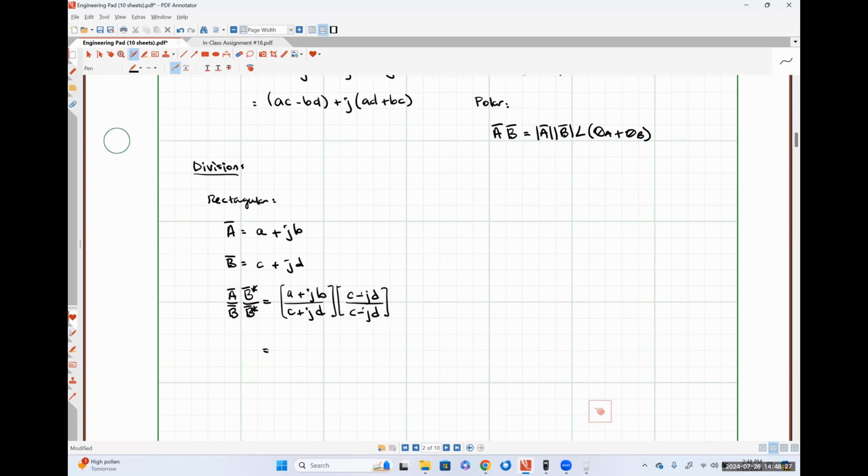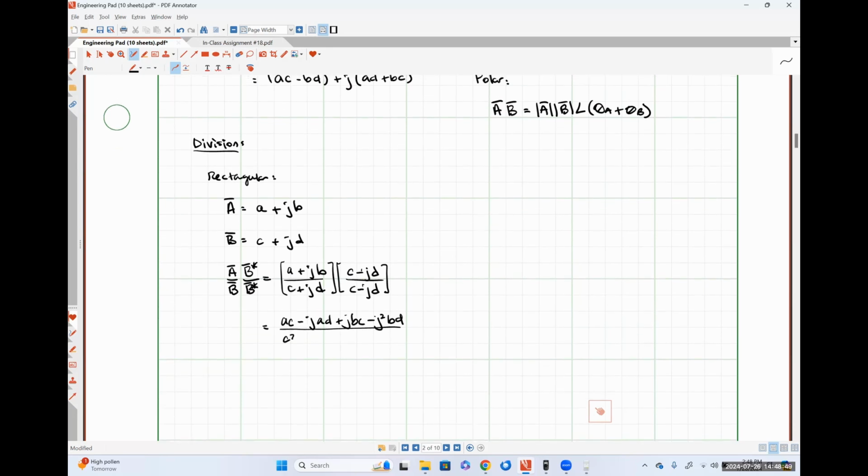So foiling things out here, we would have AC - jAD + jBC - j squared BD divided by C squared - jCD + jCD - j squared D squared.